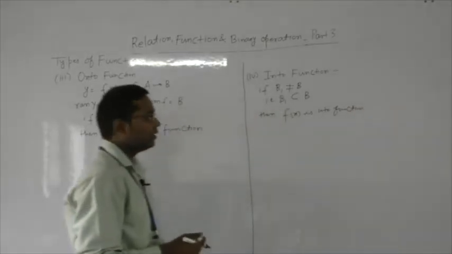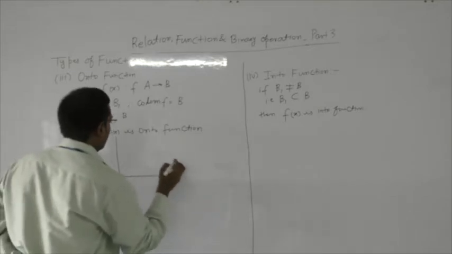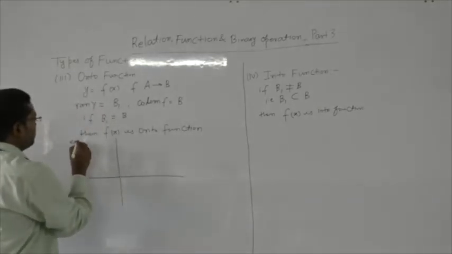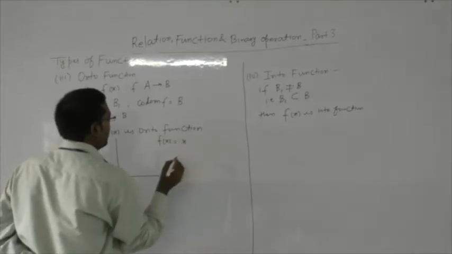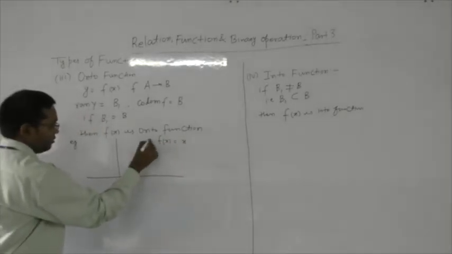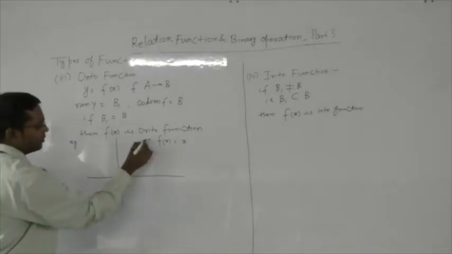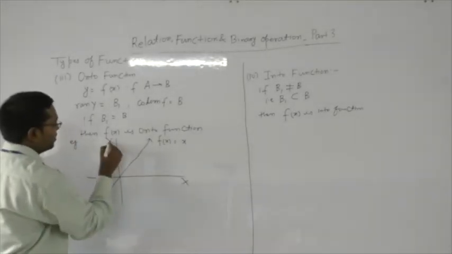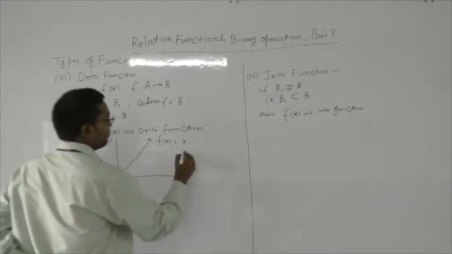Okay. Now see by the graph. Suppose, for example, f(x) is the function f(x) equals x. The graph of y equals x is like that. This is our x-axis, y-axis, origin. Now, what is the range of this function?